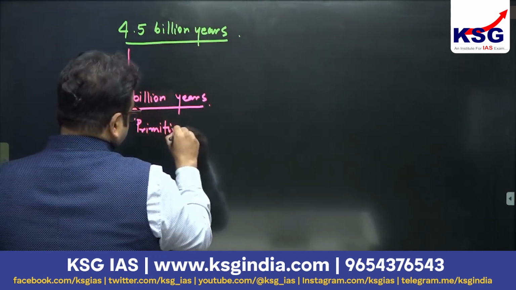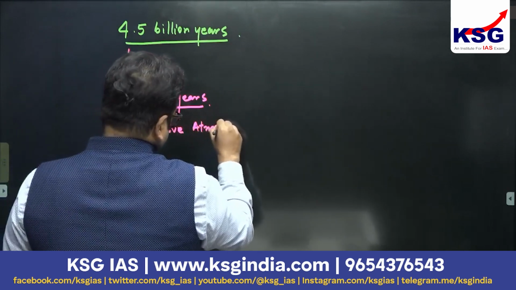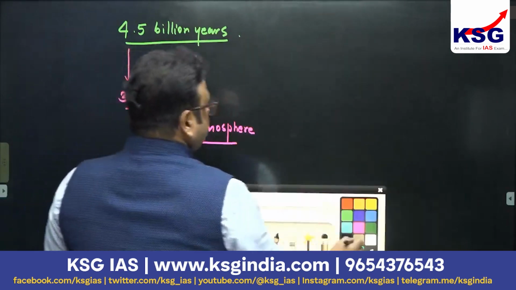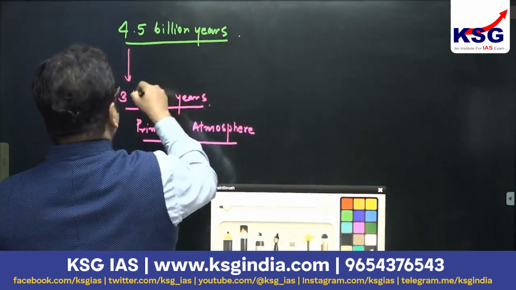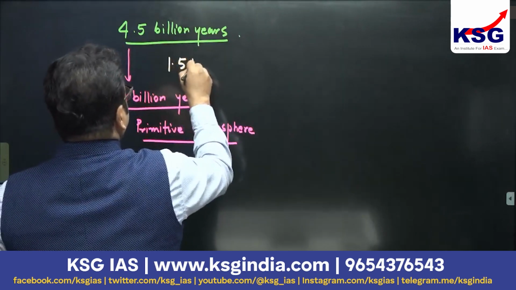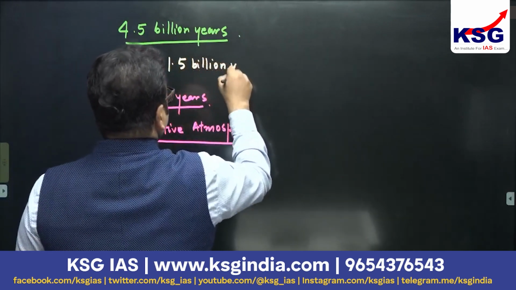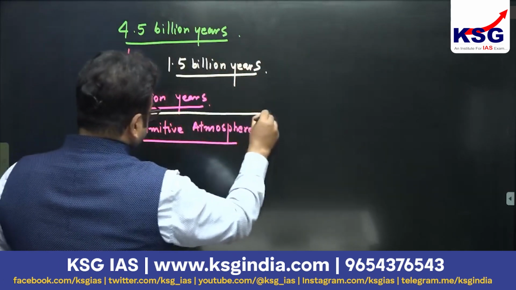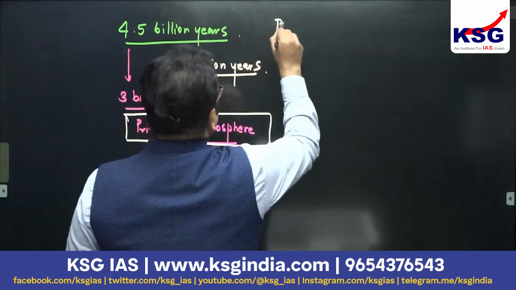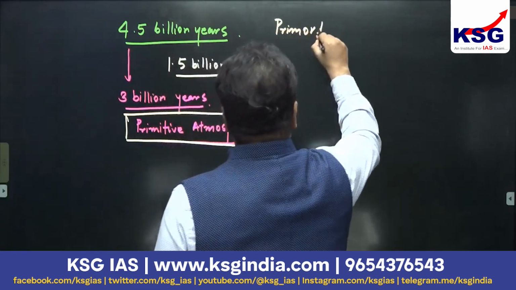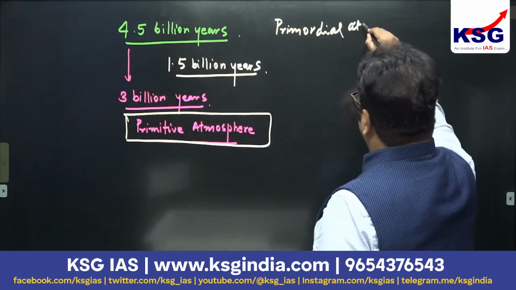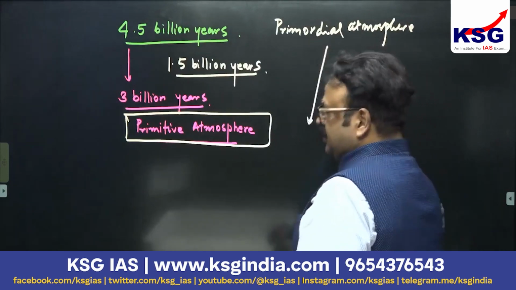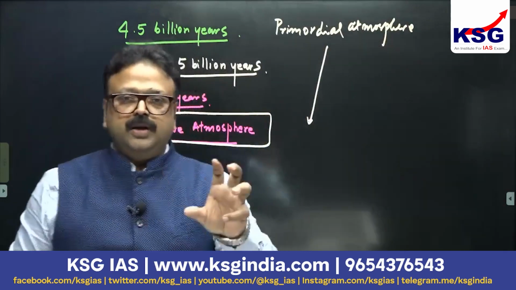Primitive atmosphere. So it started developing from here. So this 4.5 to 3 billion, almost 1.5 billion years elapsed in the formation of this primitive atmosphere. That means vanishing of primordial atmosphere up to this primitive atmosphere state, it has taken almost 1.5 billion years.